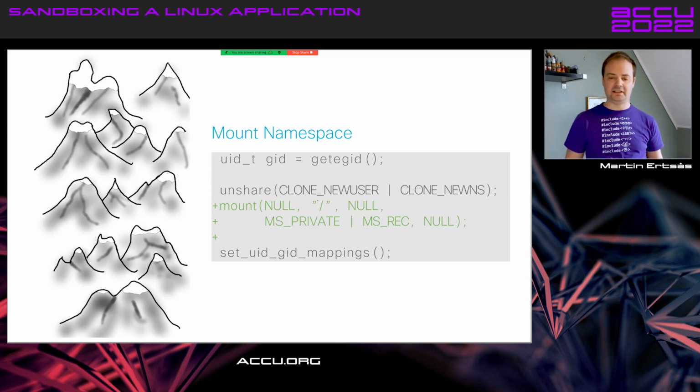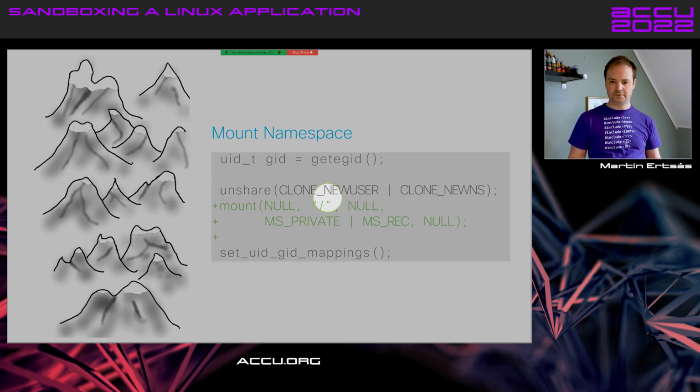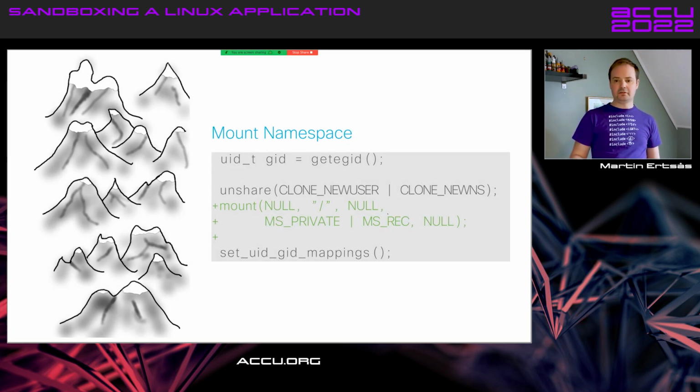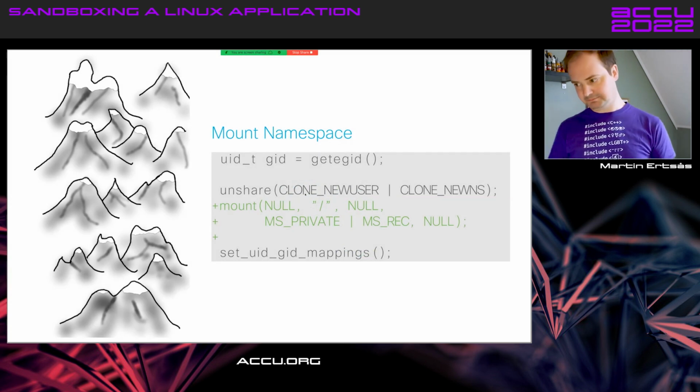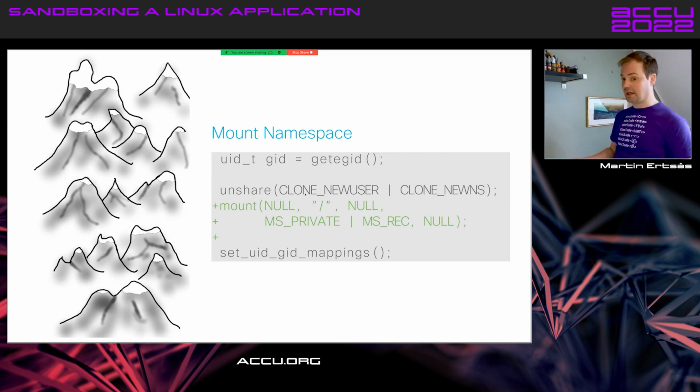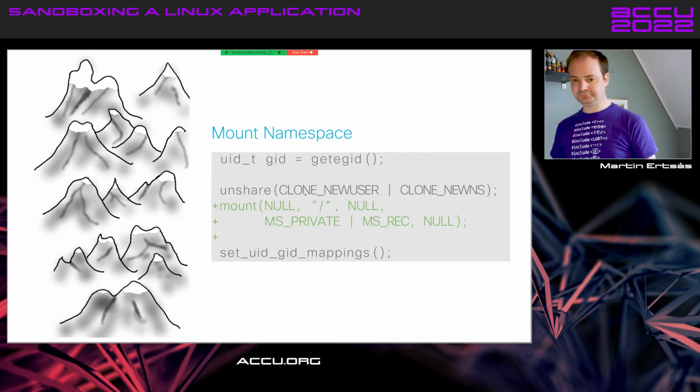Basically, we're saying that from the root, we set every mount point to private, and we do that recursively. So after this call has finished, you have a private mount namespace. Now you can mess around. Now you can play around and have fun.